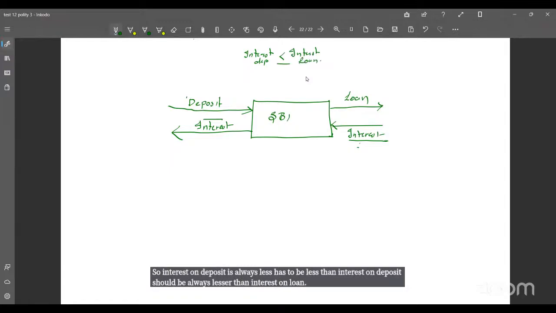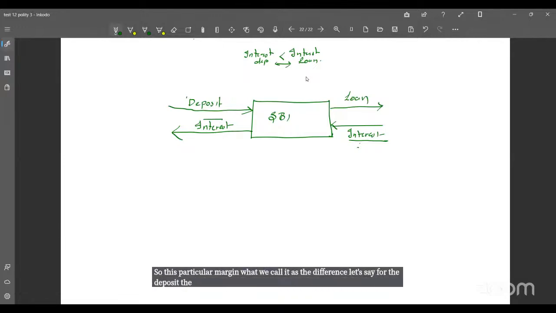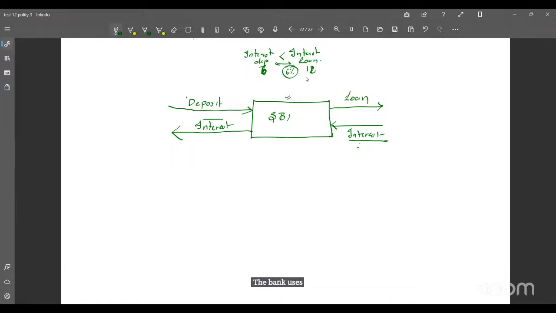This margin is the difference. Let's say for the deposit, the bank is providing a return of 6%, and the loan is being given at 11% or 12%. And this margin, the difference of 6%, is what the bank uses for its running expenses.